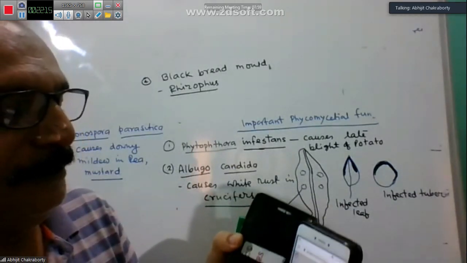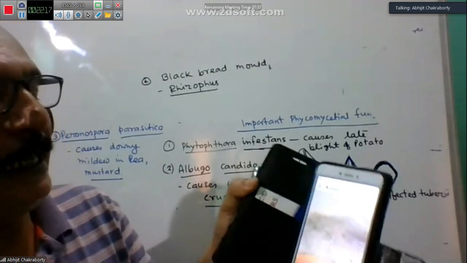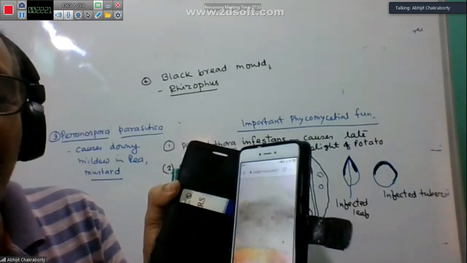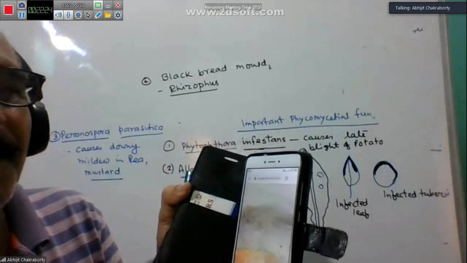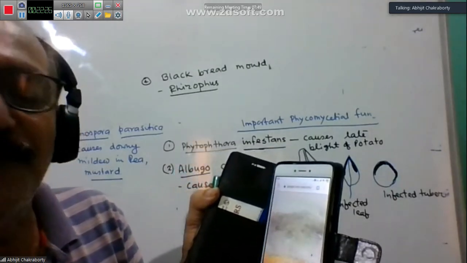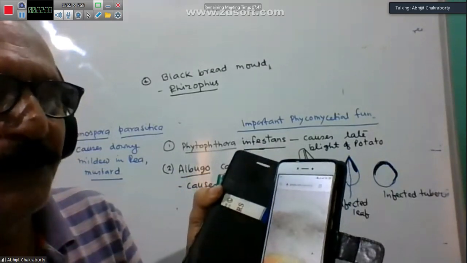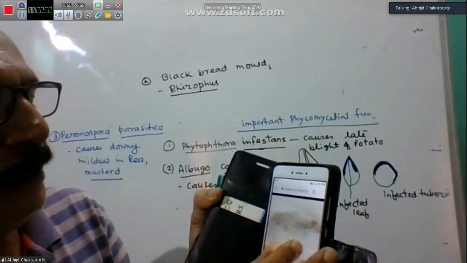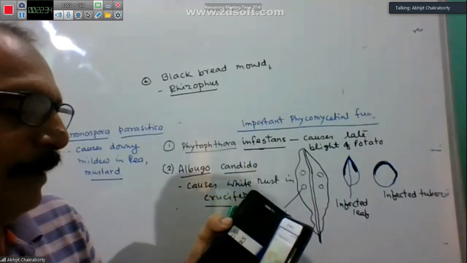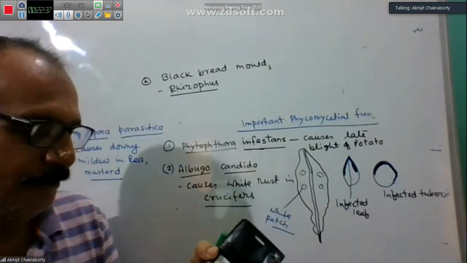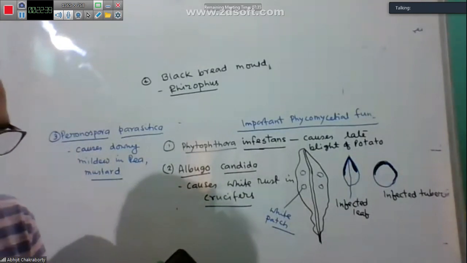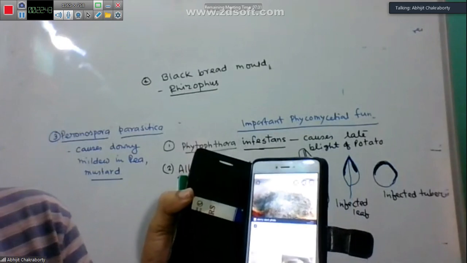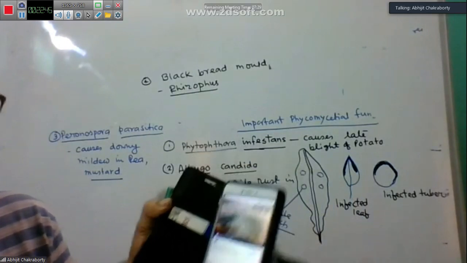Now you see, the density increases. Don't touch it, but you can check it by leaving some bread piece outside the house. It is not rain fed actually. So this is about the black bread mold. Initially green, now you see a huge structure developed of the black bread mold.